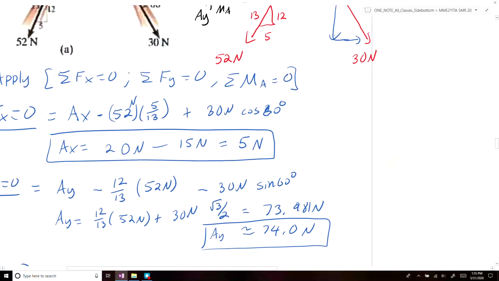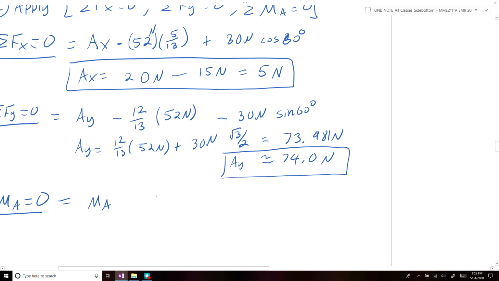So the force at point B will have a magnitude of 12 over 13 times 52 newtons. All right, and then that's going to create a clockwise moment, so that's why it's negative. All right, and then the same thing for point C is going to be equal to 30 newtons. Sorry, the last thing I forgot to multiply by is the moment arm, which is equal to 300 millimeters.